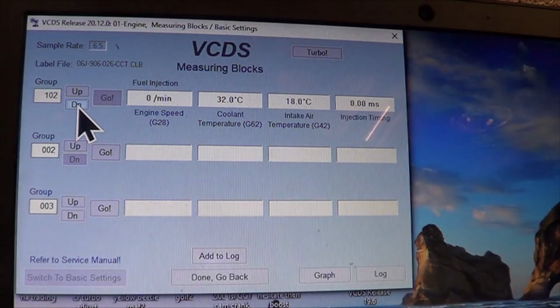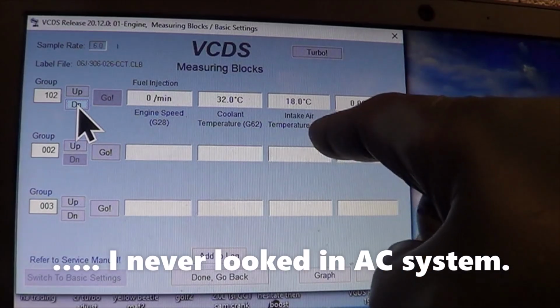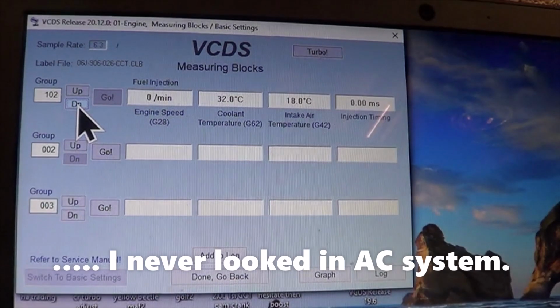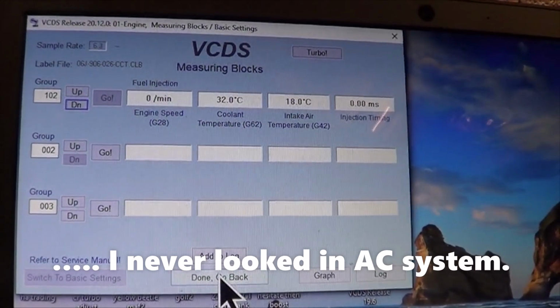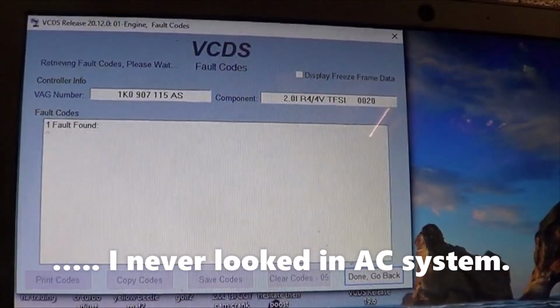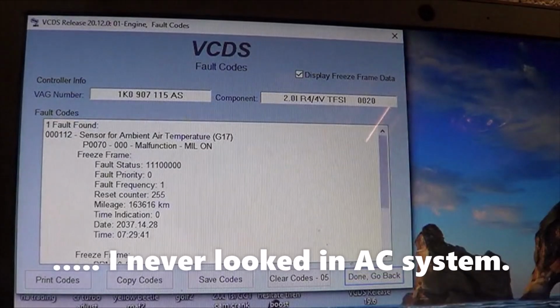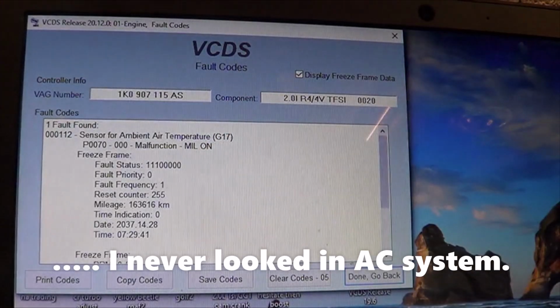As I said, usually the ambient air temperature sensor is relating to the AC, so maybe I'll look in the AC system next. But I'm not sure that's the same thing. That says G42, and our code, let's go back and look what our code was. Fault codes. Yeah, the intake air temperature sensor is a G17, and that's not what we're after.